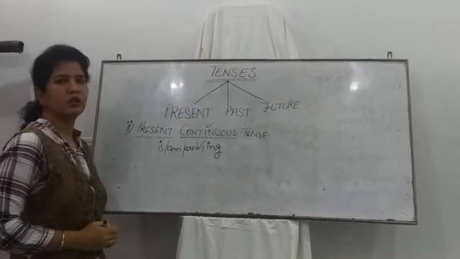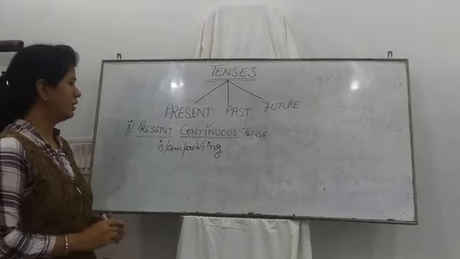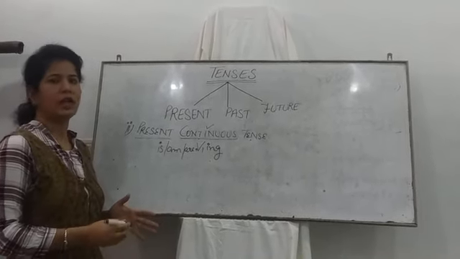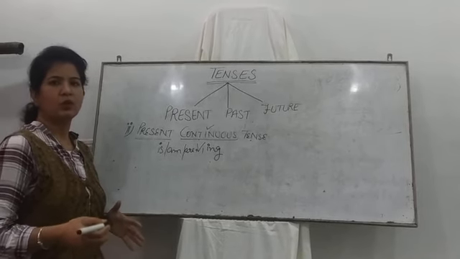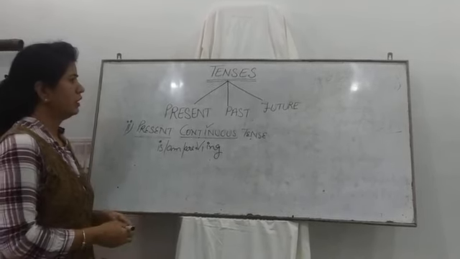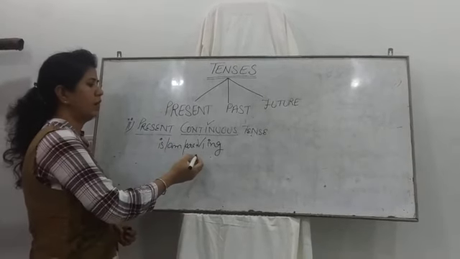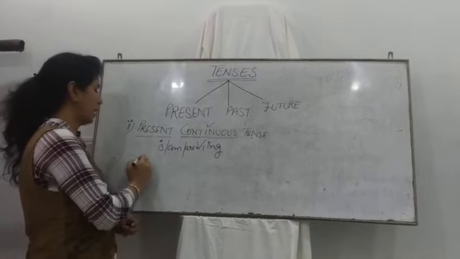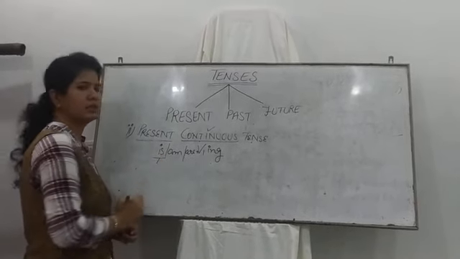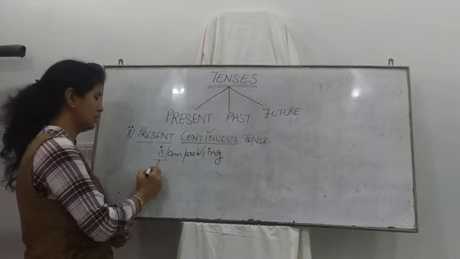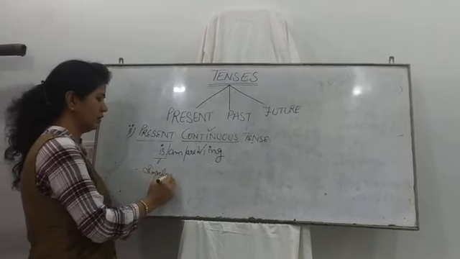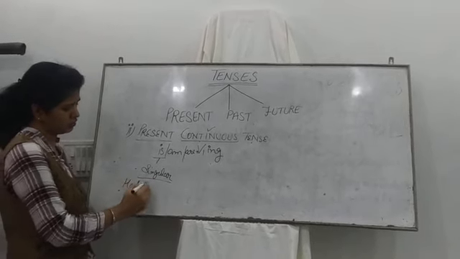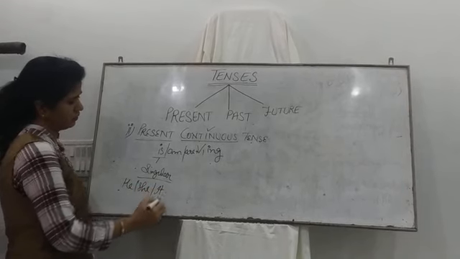Where do we use present continuous tense? When any action is moving, like I am teaching you, you are learning from me. These kinds of activities which are still going on. And we use is when the subject is singular or the singular pronoun he, she, it.